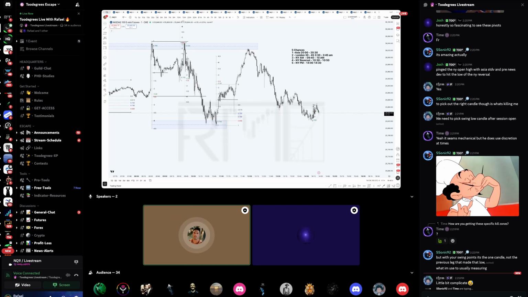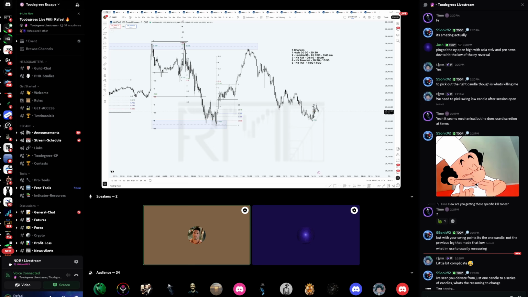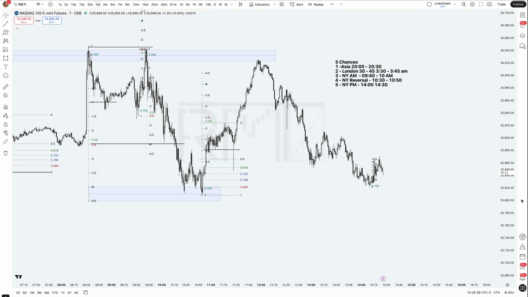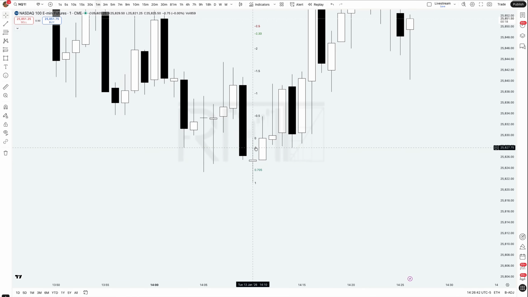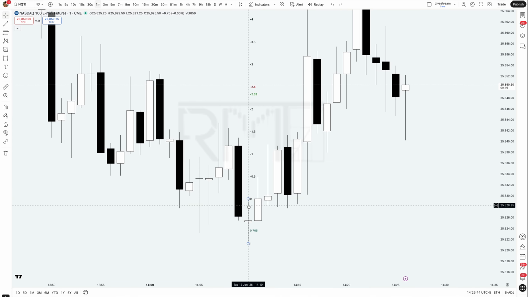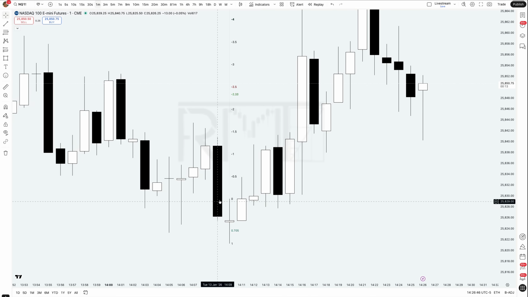And I just answered the question from Sonic: my swing point, I measure just one single candle, not the leg. Like I said before, if the low has a doji candle like this one, I measure the single candle. If there's a different type of candle, I will measure the low to the next opposite color candle high.